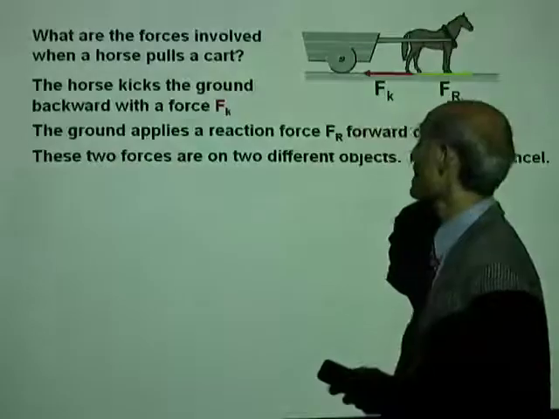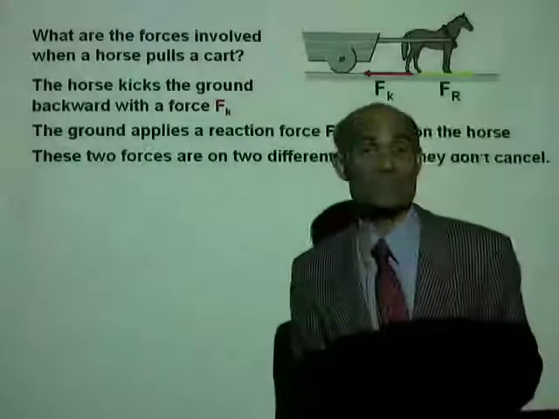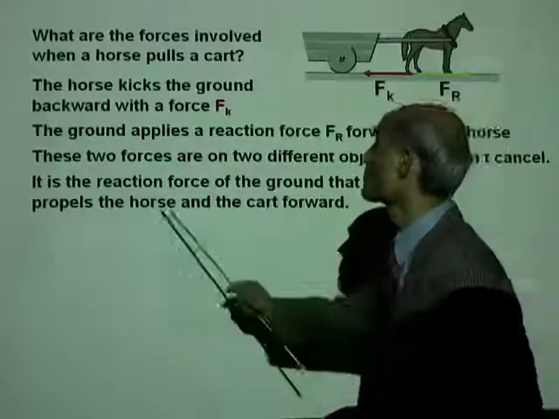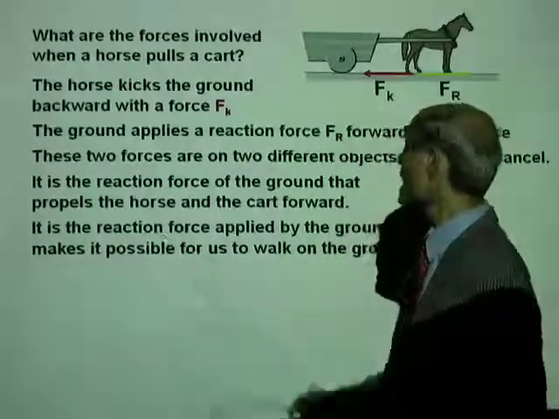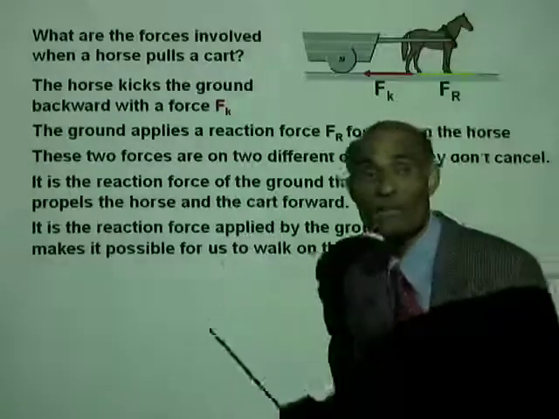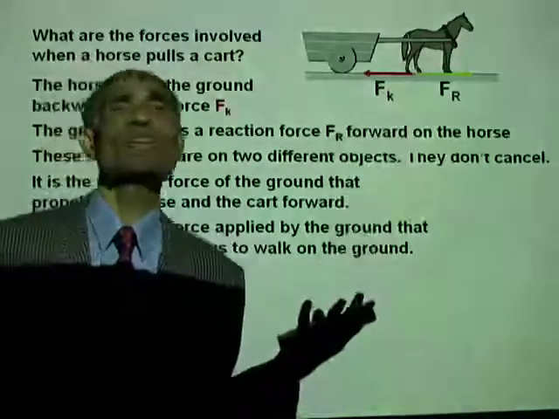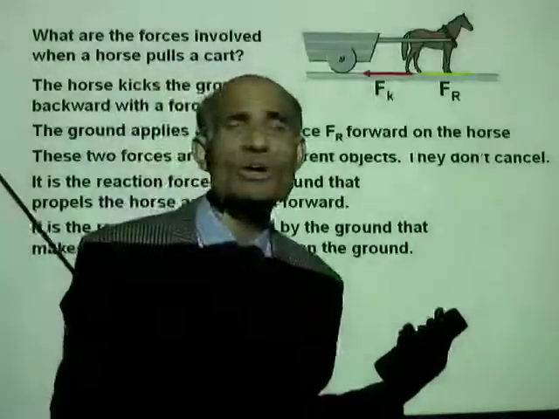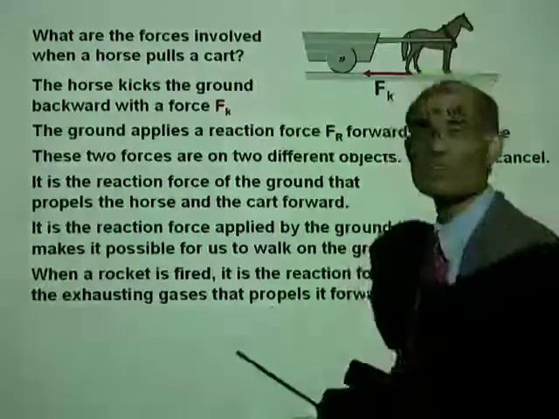It is the reaction force of the ground that propels the horse and the cart forward. And it is the reaction force applied by the ground that makes it possible for us to walk on the ground. You see, look at the blessings of nature. If the earth one day refuses to push you forward, you will not be able to walk.